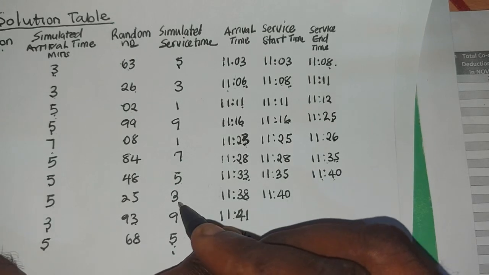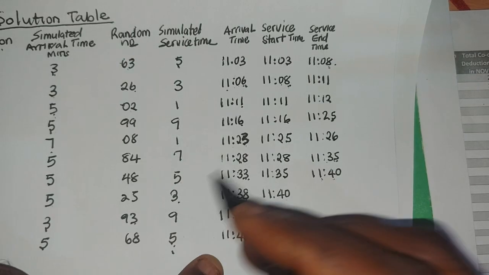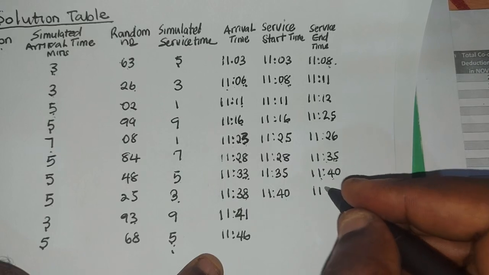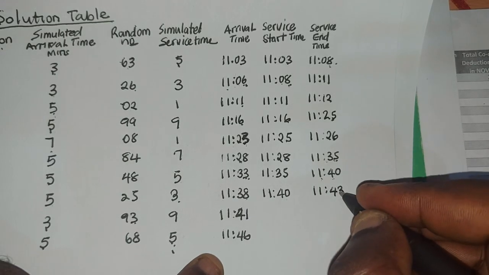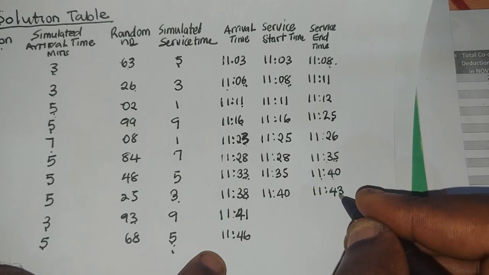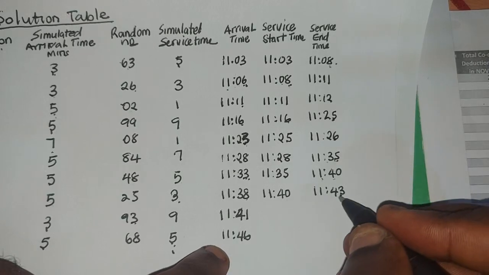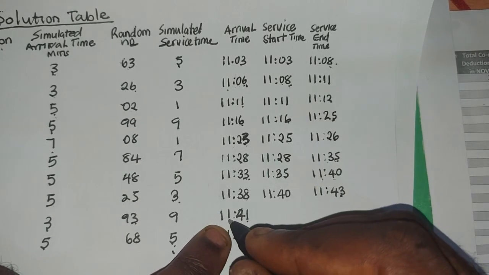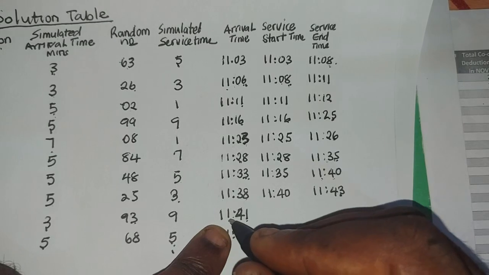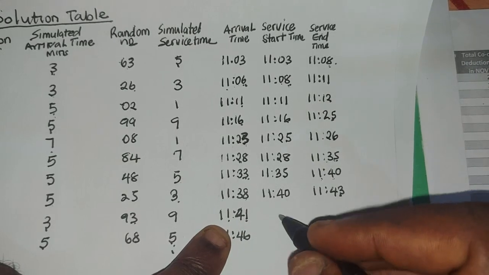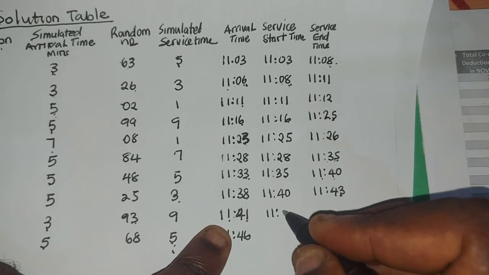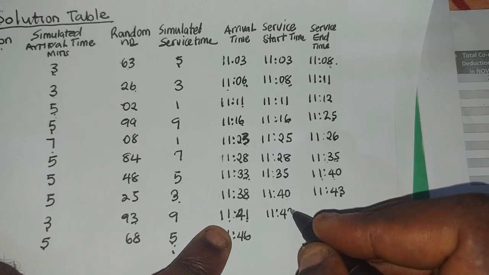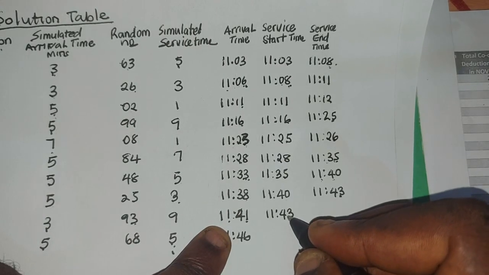Okay, and it spends how many minutes? 3 minutes. So it must have ended by 11:43. Before 11:43, a customer is already waiting that arrived 11:41. So he will wait till 11:43. That's the queue. A customer will be on the queue.